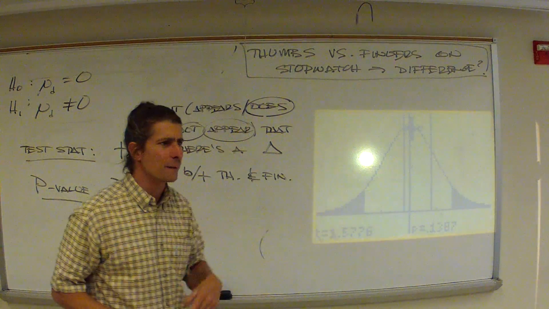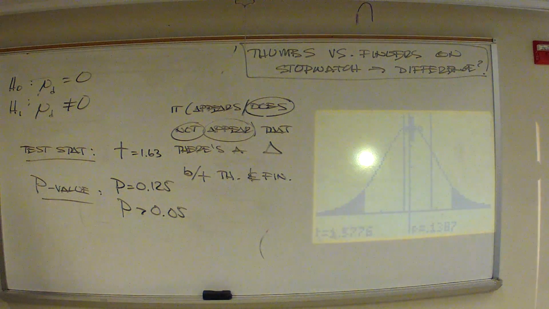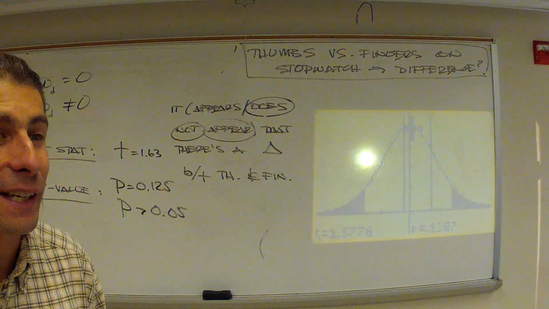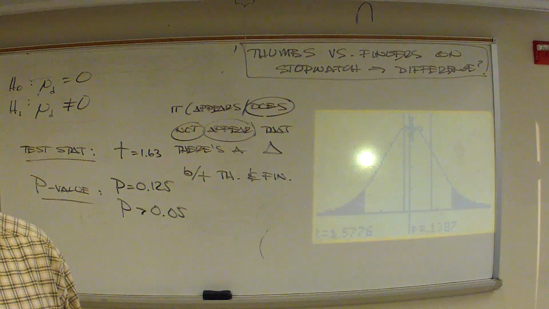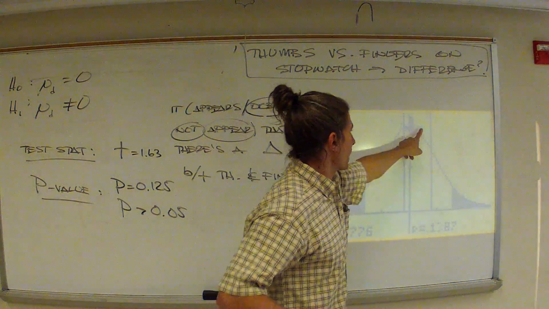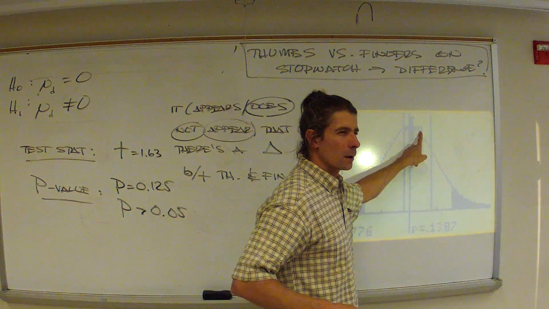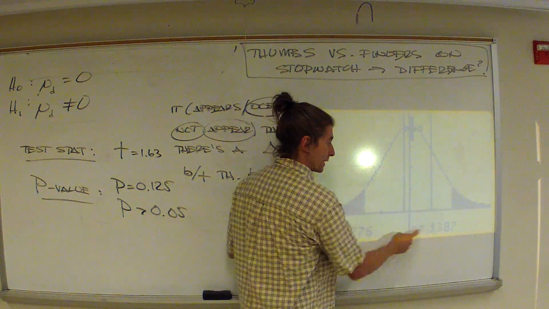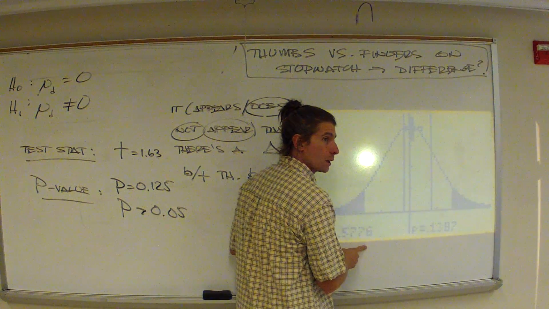Go ahead, Zoe, great question. I took the outlier out, but it drew the same picture and the same number. So that means that second outlier we got, Zoe, wasn't influencing as much as the first one was. You mean the outlier that's right here? No, the very first one we took out, the 1.1 or whatever. It looks similar, but did you get these p-values and test statistics? I got the same ones the first time.